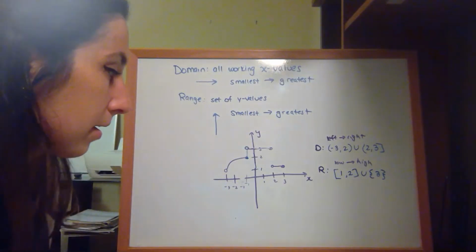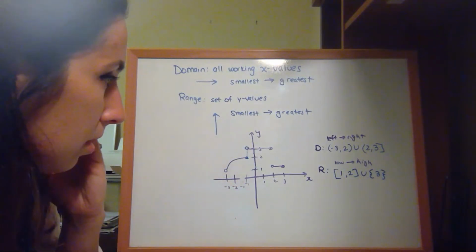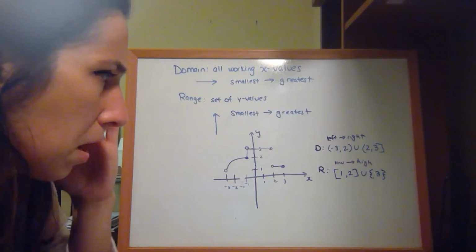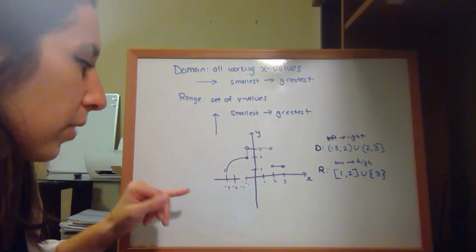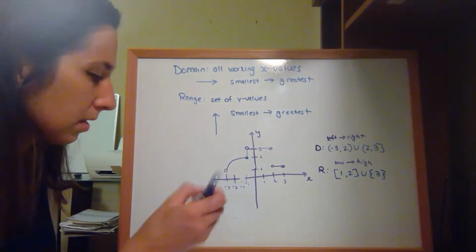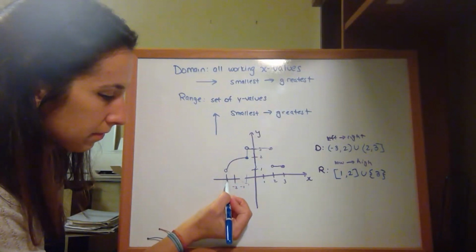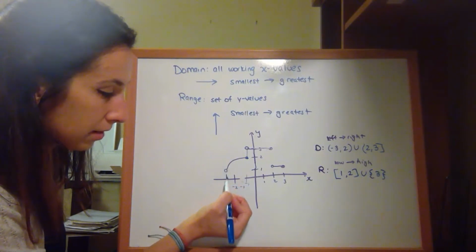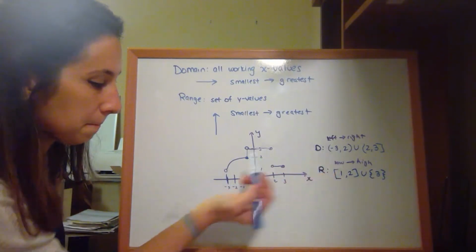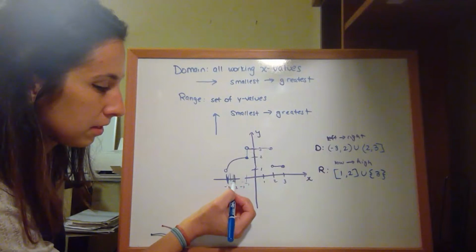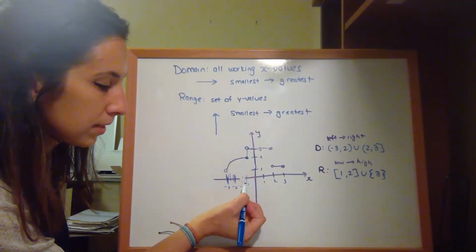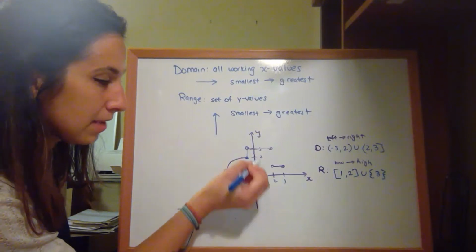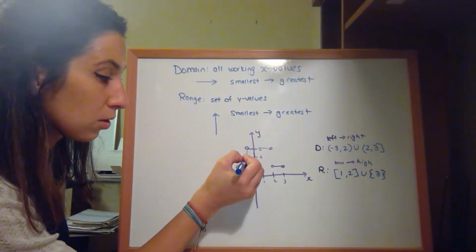It doesn't break at -1 because right here, this x value is not included. So that's why we have a parenthesis. Then included, included, included, right? Everything matches. All of a sudden we get to -1, and even though there's a hole there, there's a closed circle here.